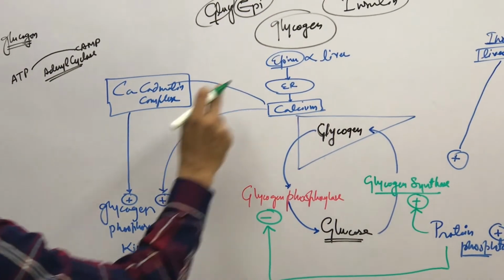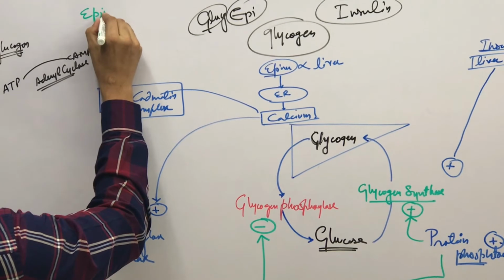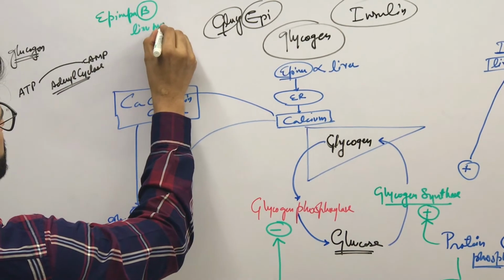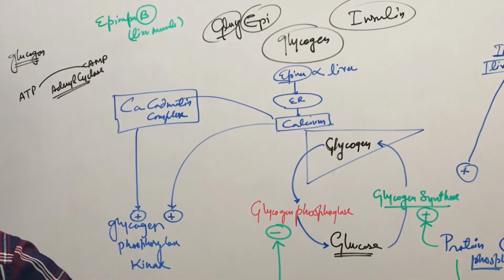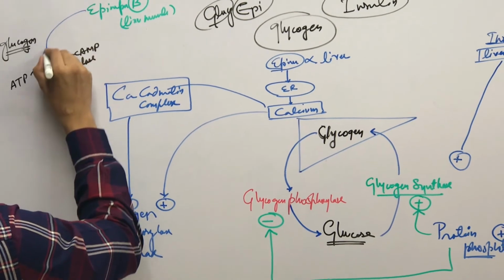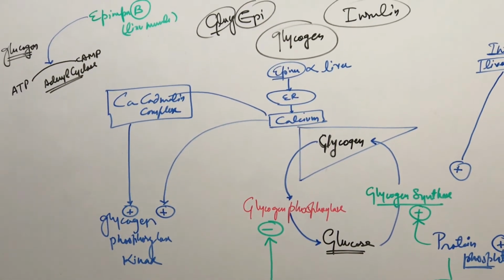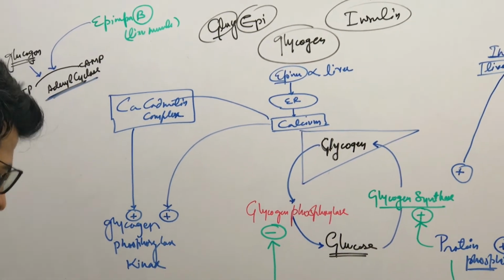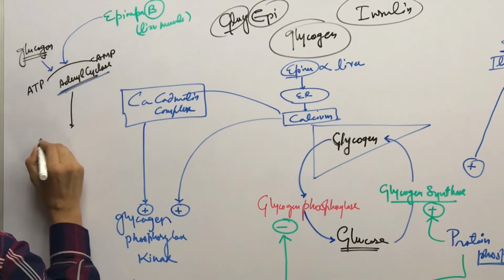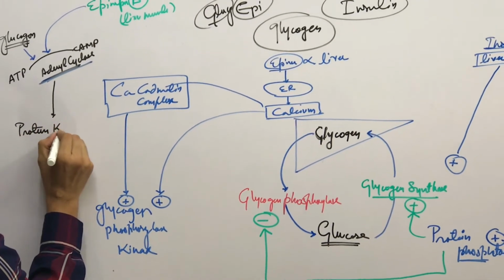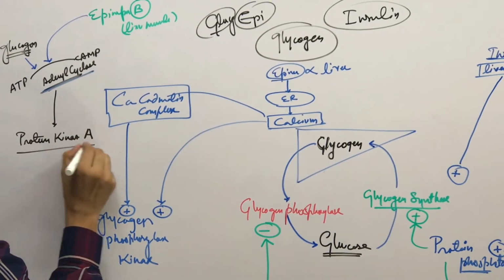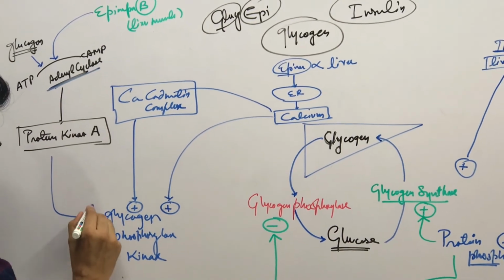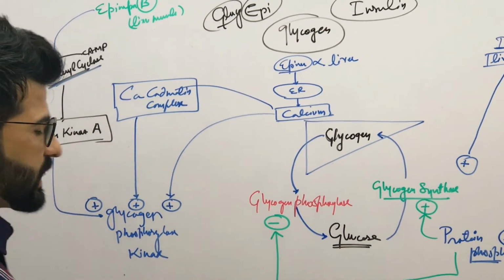Also, epinephrine, which is working on its beta receptors, which are on liver and muscles, is also acting in the same way, that is converting the ATP into cyclic AMP using the enzyme adenyl cyclase. This cyclic AMP activates the protein kinase A, and this protein kinase A also activates the glycogen phosphorylase kinase.